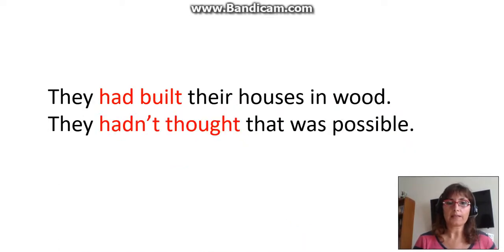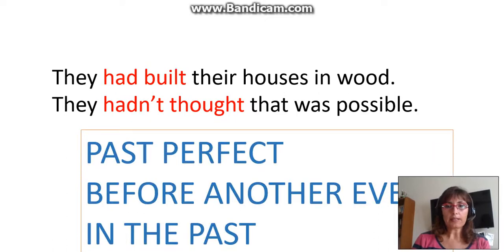Look at this other example. They had built their houses in wood. They hadn't thought that was possible. Look at the form of these verbs. Had and the past participle, or hadn't and the past participle. The important thing is that these actions are before the fire.